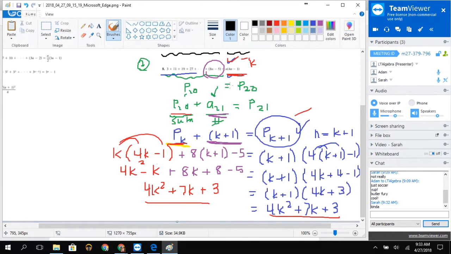The second part is a little bit more tricky. Basically you're saying that if I add up the first k numbers that I have, and I add on just the next one, is that still true on my other side of the equation if I start with the next number?